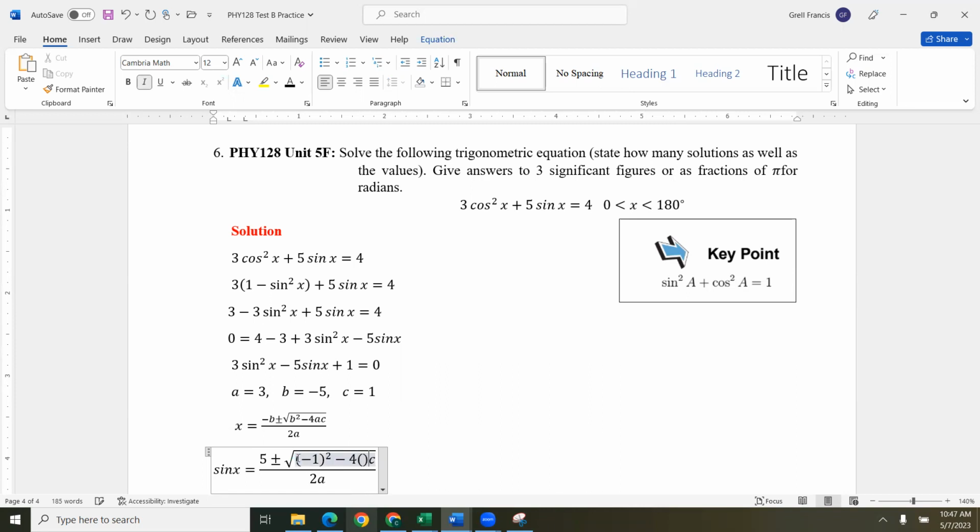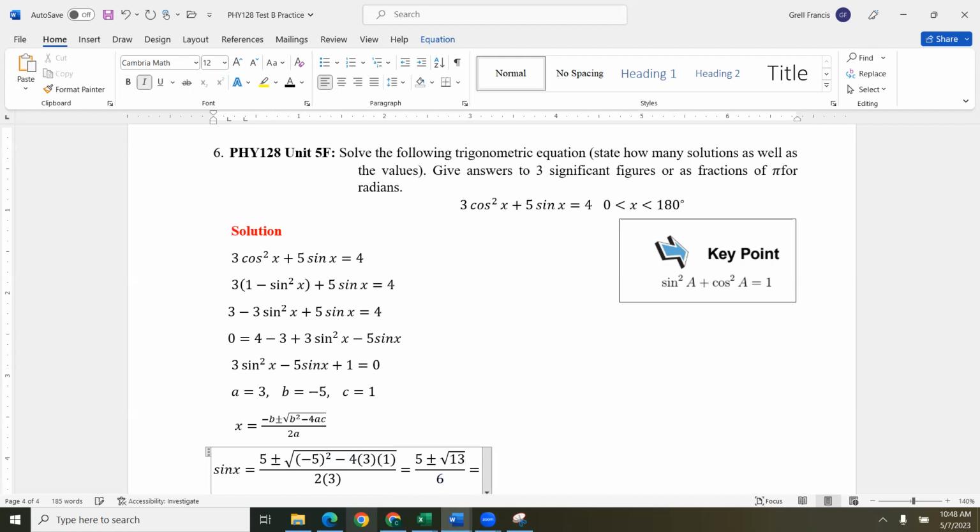So in the numerator we'll have 5 plus or minus the square root of 25 minus 12, that will give us 13, and below we'll have 6.